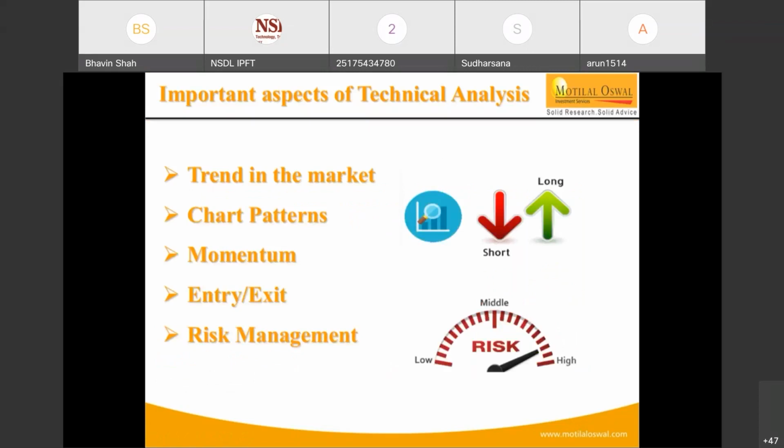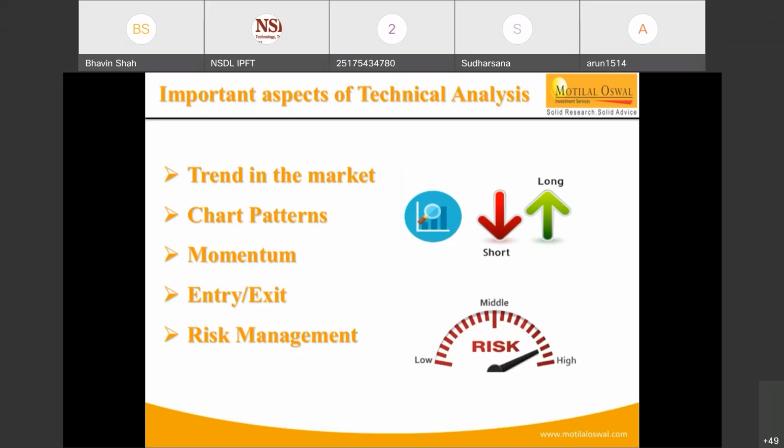Okay, thank you. So now moving on to the world of technical analysis, it's a very broad and holistic subject wherein it has a lot of things. Number one foundation in technical analysis is the trend.